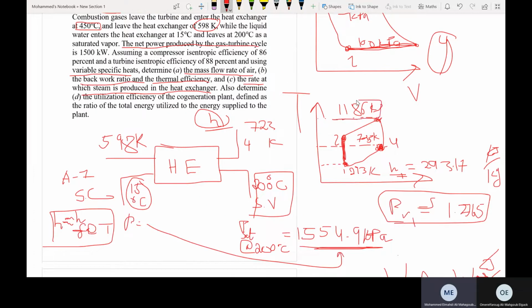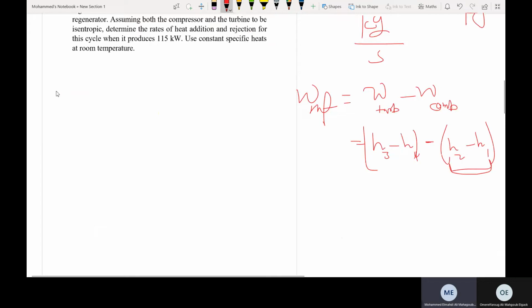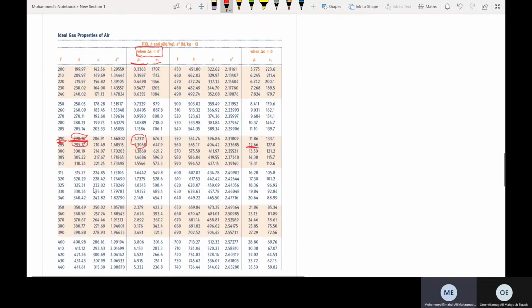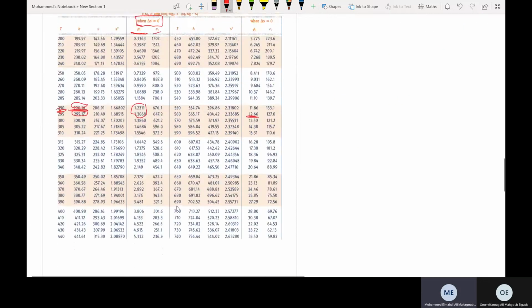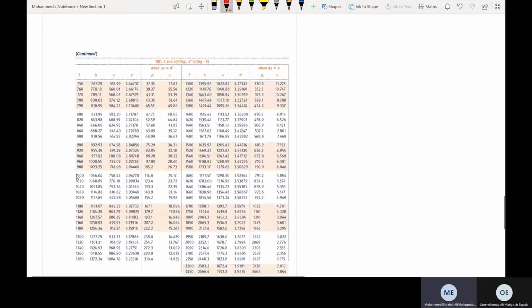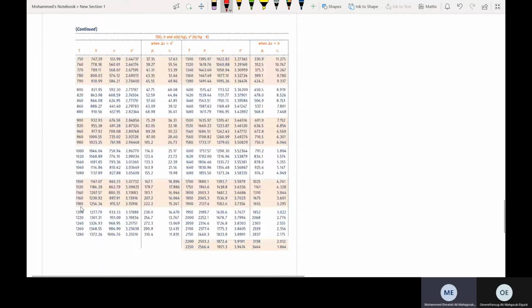So temperature 3 is 1186 kelvins and temperature 4 is 723 kelvins. From temperature 3, which equals 1186 kelvins, go to the tables again. Where is 1000 kelvins and 1100? I can find it here.